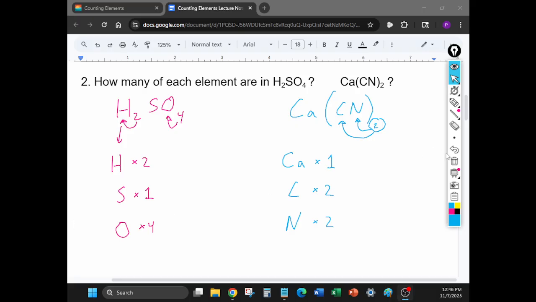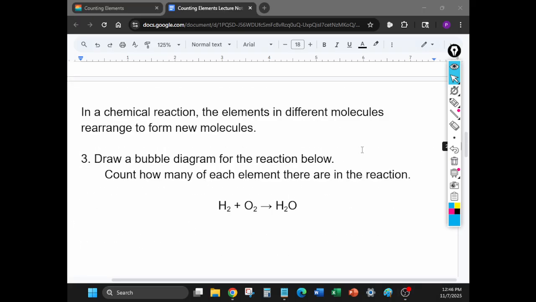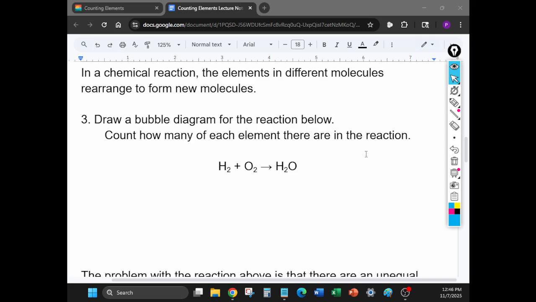Yeah, what's up? Alright, so today what we're going to be doing is we're going to be looking at these chemical equations a little bit more in detail. So we're going to be learning how to draw these things called bubble diagrams, and that basically is a way for us to visualize what is happening to the molecules when they mix together.